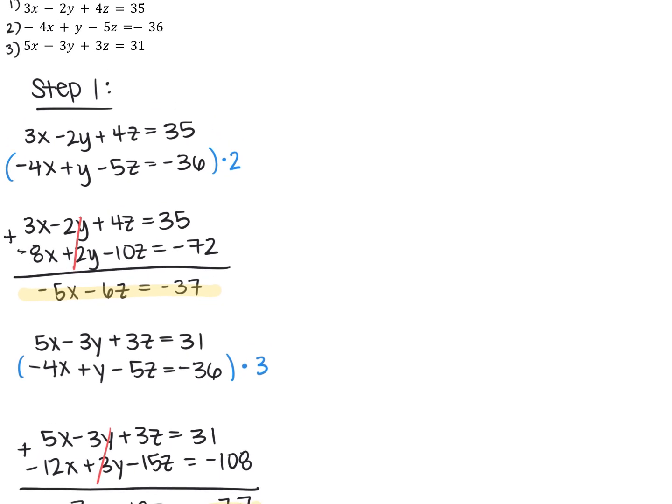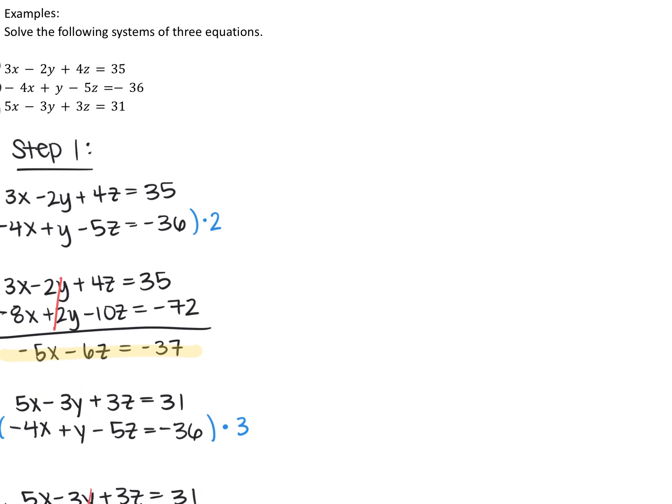This is the system that we're now going to solve in step 2. So we have negative 5x minus 6z equals negative 37, and negative 7x minus 12z equals negative 77.